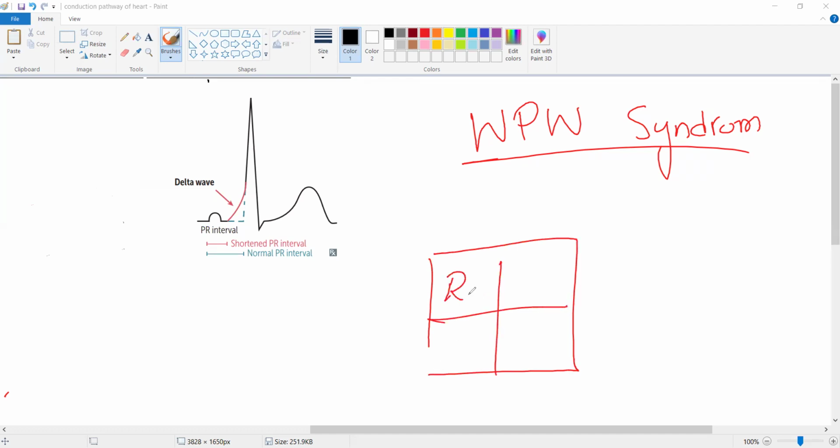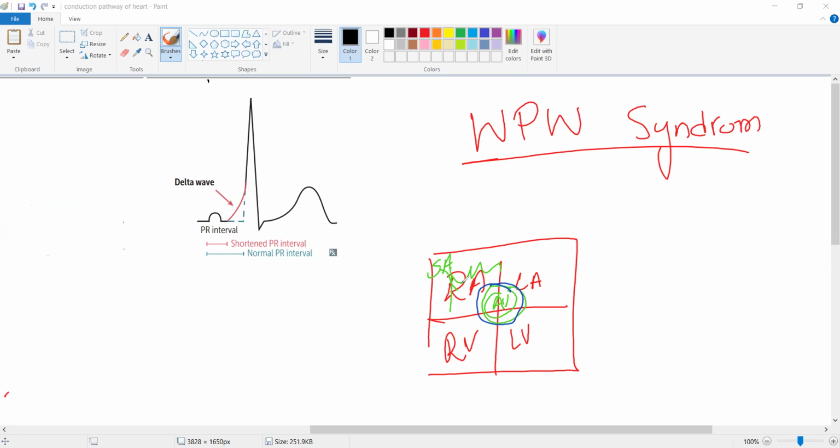Let's suppose this is the right atrium, this is the left atrium, this is the right ventricle, and this is the left ventricle. So normally what happens? The SA node fires and then the AV node. This is normal. In Wolff-Parkinson-White syndrome, there is an accessory conduction pathway that bypasses the AV node.